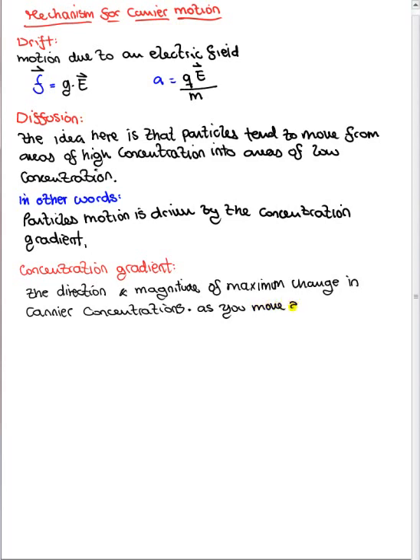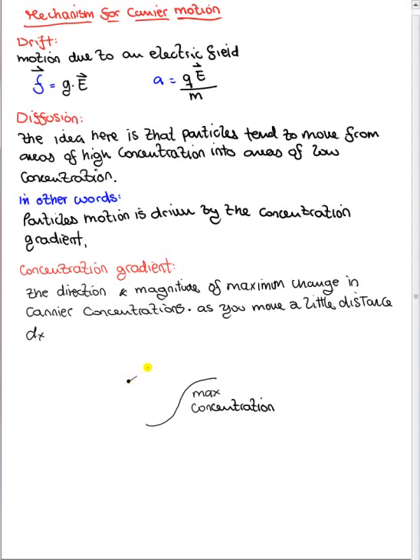As you move a little distance, dx. So suppose we have the material where you have maximum concentration on this side. So the gradient vector will point in the direction of maximum concentration, right?